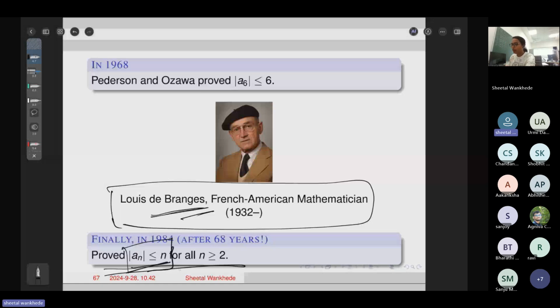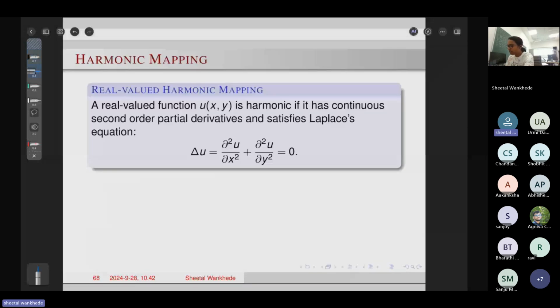So next, the important area in which I am working is harmonic mappings. I'm just giving the basics of what a harmonic mapping is. Already we know that a real valued function is called harmonic if it has continuous second order partial derivatives and satisfies the Laplace equation.